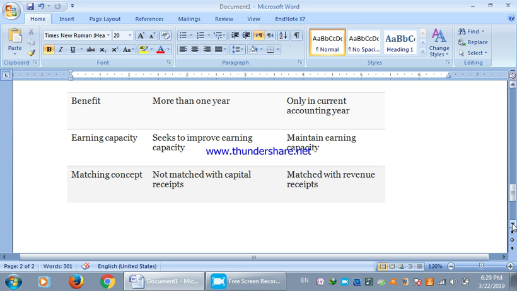Most corporations have policies, procedures, and demarcations about what type of expenditure should be treated as capital and what as revenue expenditure. Two things are involved.